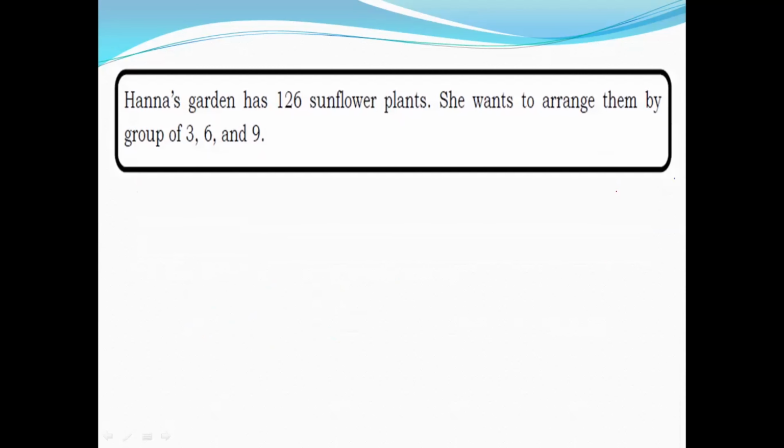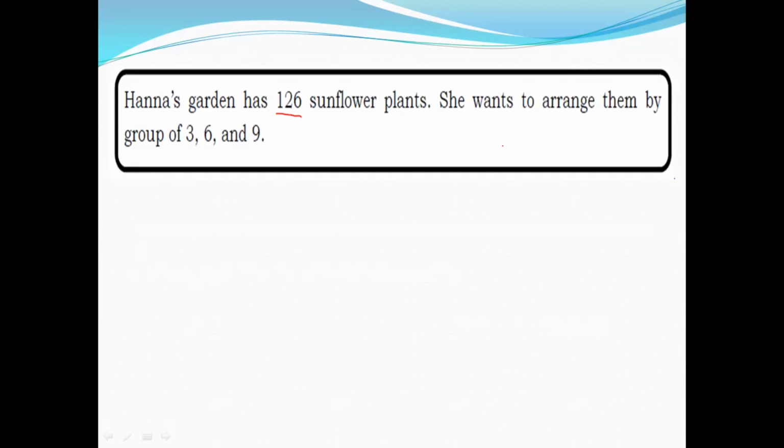Okay. So, let's have a problem. Let me read the problem first. Hannah's garden has 126 sunflower plants. She wants to arrange them by groups of 3, 6, and 9. So si Hannah daw ay meron siyang ilang sunflower plants? 126 sunflower plants.